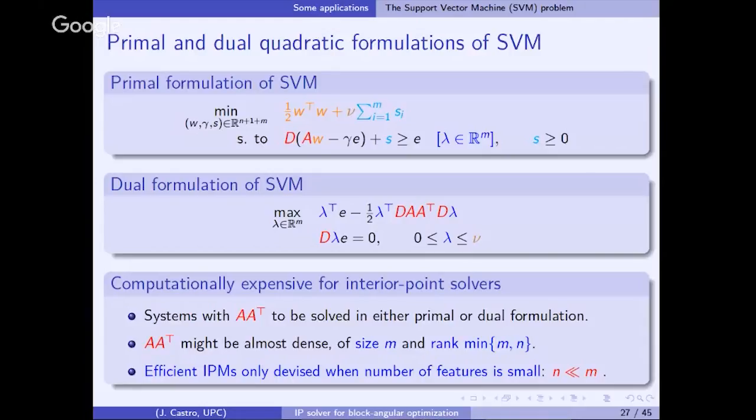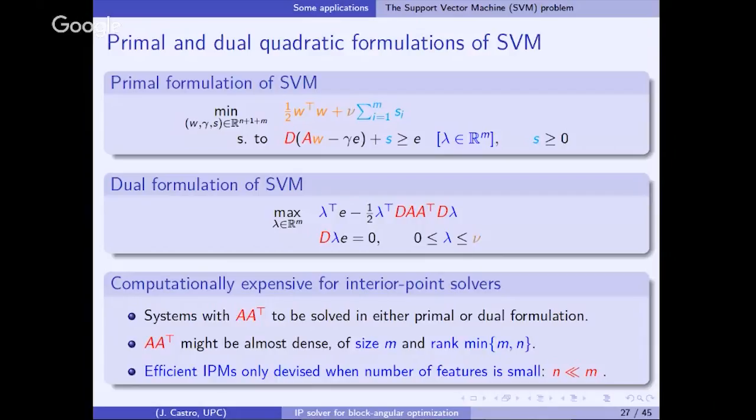Again, I have no time to develop that. Okay, but either if you solve the primal formulation or the dual formulation, the problem, if you try to solve that with interior-point methods, is that you will have to solve systems with A transpose. Here you have A transpose in the objective function of the dual, or if you solve using the primal, you will have to solve a system of equations with A times zeta times A transpose.